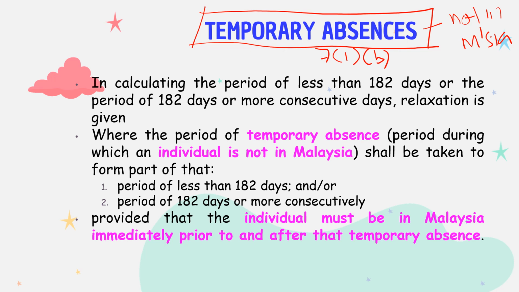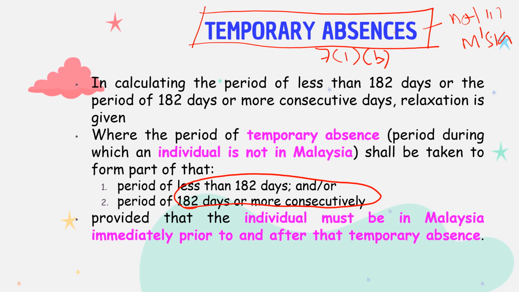Still remember, guys, earlier I told you that we need help from next year or previous year. So what kind of help? We need 182 days consecutively, isn't it? Again, what does it mean by consecutively? The period is continuous.